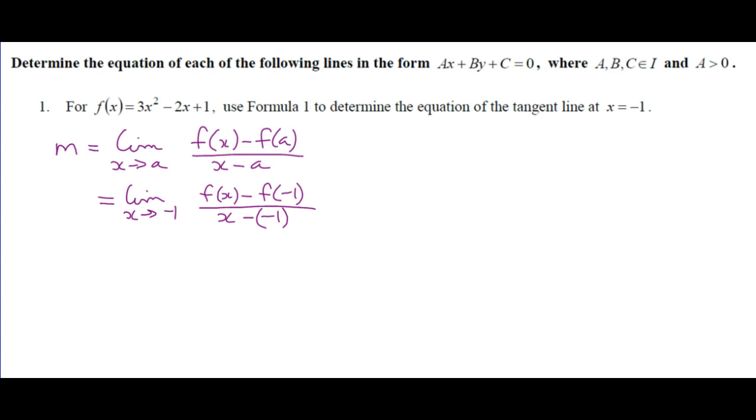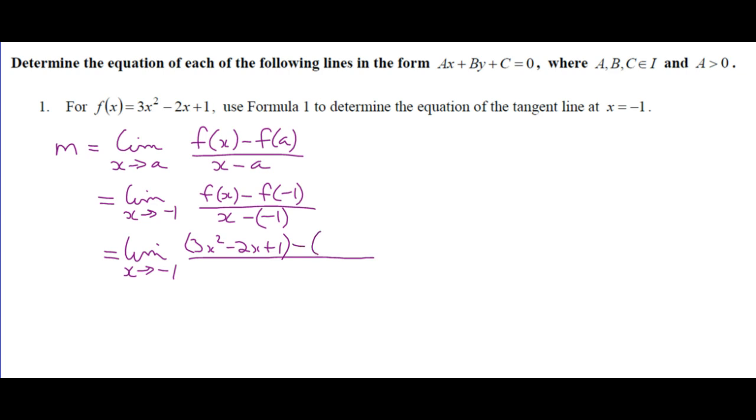All right, well, what do we know? Well, we know f of x, right? That's defined for us here. So this will be the limit as x approaches -1. Okay, so f of x is 3x squared minus 2x plus 1. Let's get brackets around that, because I want to keep that kind of separate. Minus f of -1.